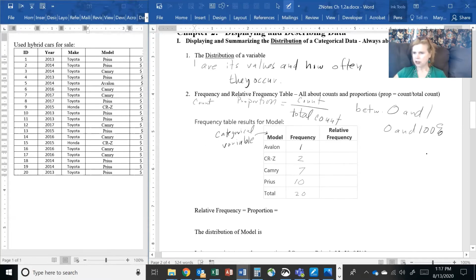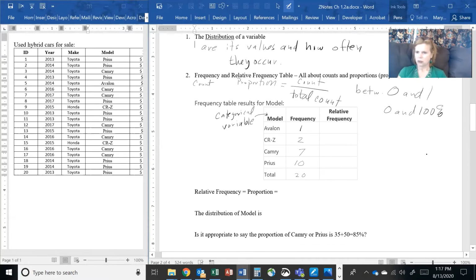All right, so how do we get the relative frequency or the proportion here? So again, it's going to be the count, which we call the frequency, over the total count. All right, so for the first one, for the Avalon, I've got a count of 1 divided by the total count, which is 20.